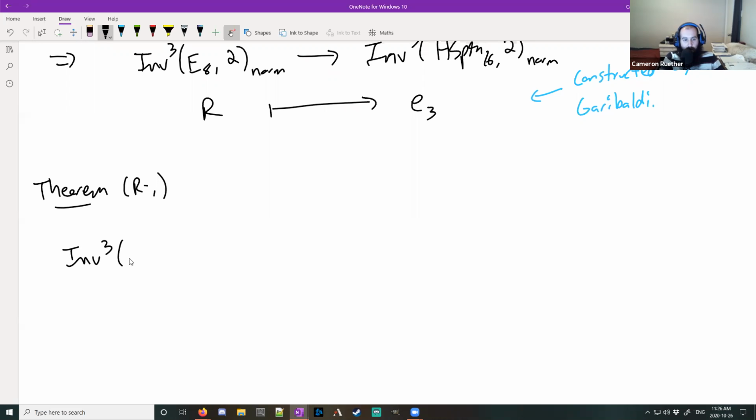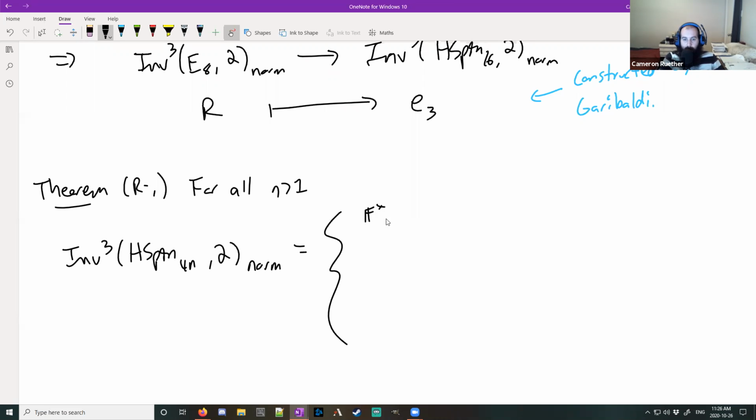So the degree 3 invariants of HSpin for any n. I suppose I should say n is greater than 1. The normalized invariants end up looking very similar. In any case, the decomposable invariants are in there. So you get all these pieces.